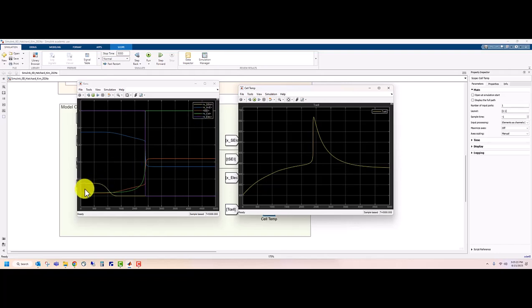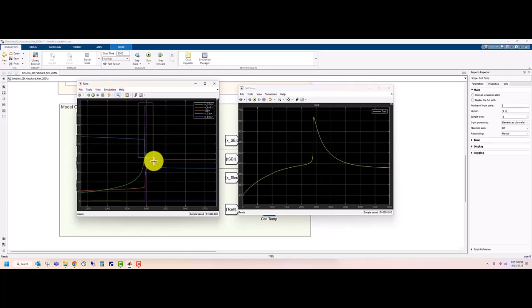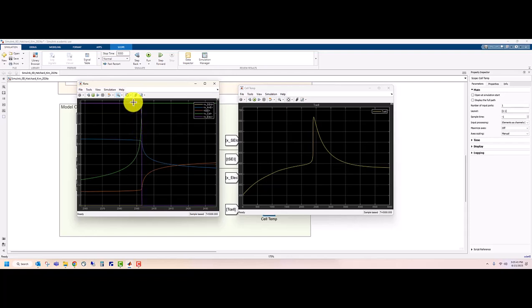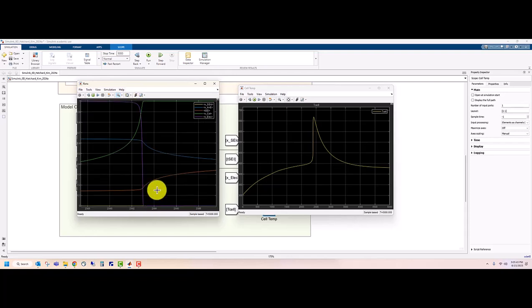The cathode reaction starts at 0.04 and increases up to 1 and then stops, and then finally the electrolyte decomposition starts at 1, it progresses very rapidly down to 0. We can zoom in on that to take a closer look. You can see how rapidly that electrolyte decomposition reaction occurs relative to the others.